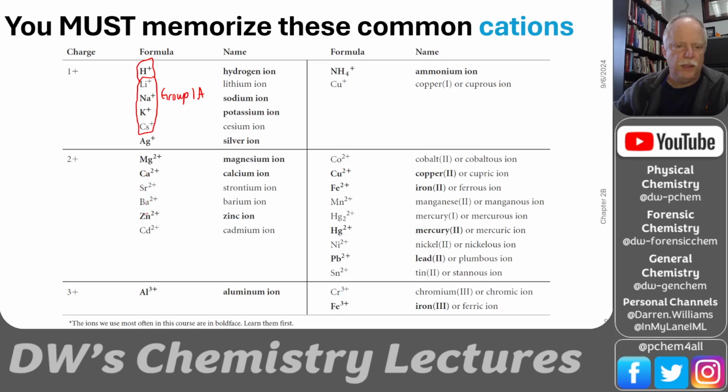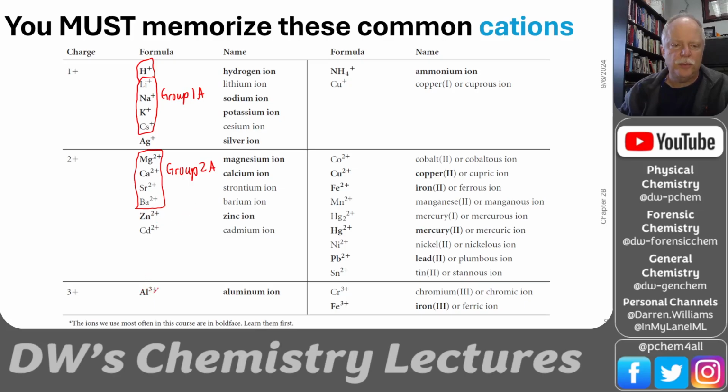Then group 2A, so this goes down to barium all the way here. So magnesium, calcium, strontium, and barium. On the periodic table, those are group 2A. Zinc and cadmium are transition metals that form +2 ions.